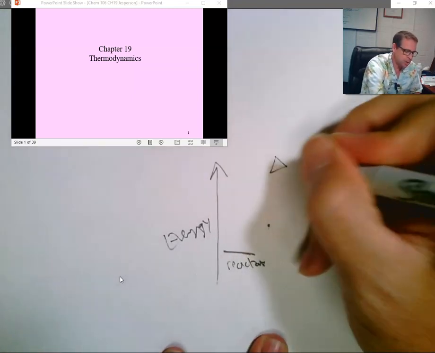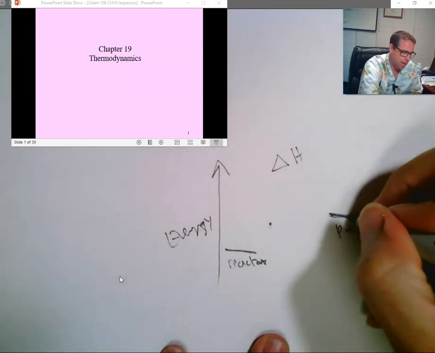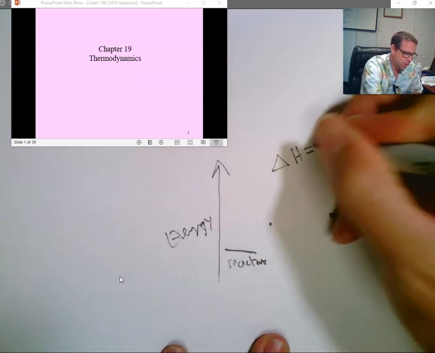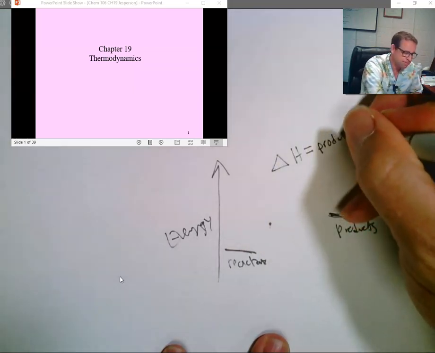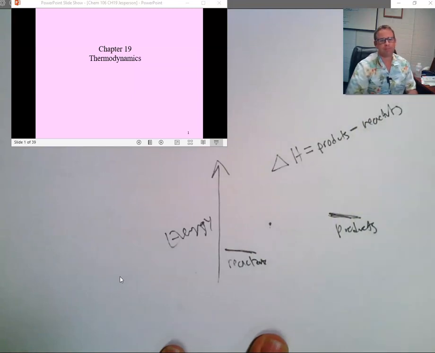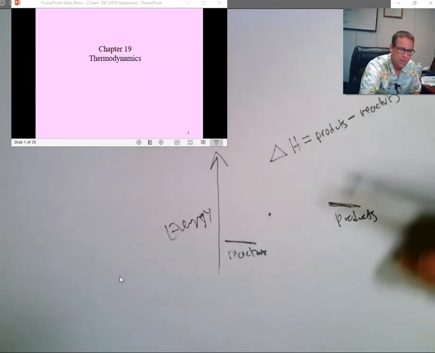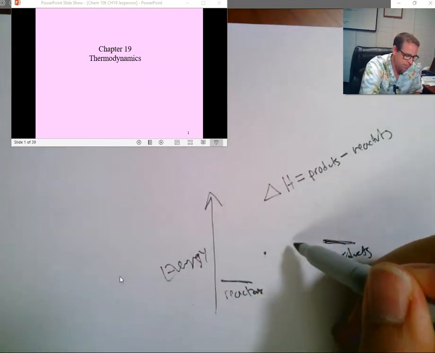And then look at, for example, the heat energy, delta H. And we said that delta H, or delta whatever, is always products minus reactants.